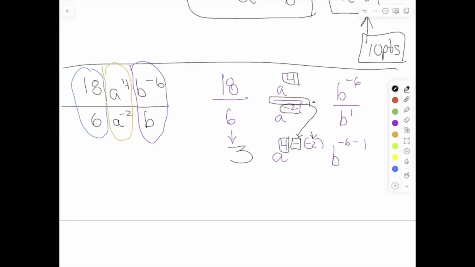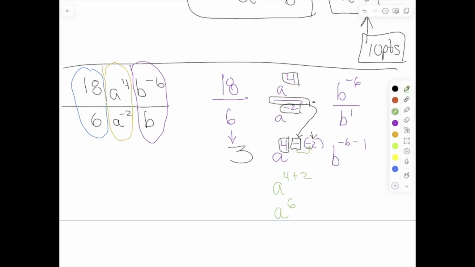I hope you're not lost there. Now, a negative and a negative is what? Positive. So if I have a negative and a negative, that becomes a positive, then this is a to the 4th plus 2, and that becomes a to the 6th. Are we clear on that?